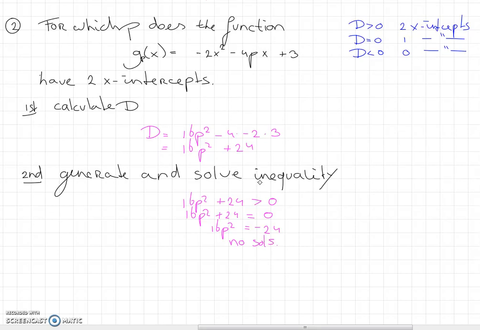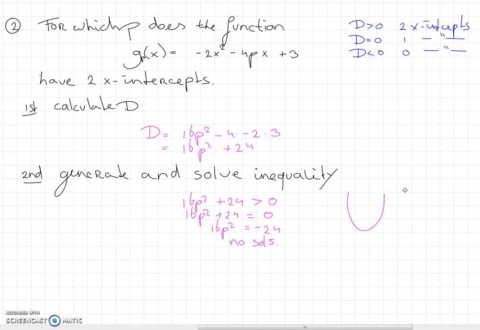Well, that doesn't mean that we cannot solve the exercise. Let's look at this equation and note that 16p squared plus 24 is quadratic, and if we were to draw the graph of this discriminant, it would be a cup parabola because 16 is positive.